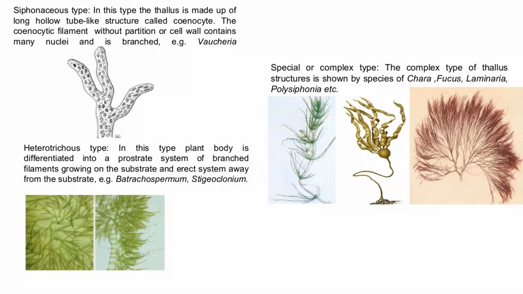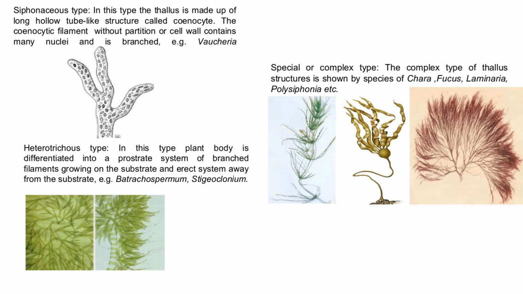Next, we have the siphonous type. In this type, the thallus is made up of a long, hollow, tube-like structure called a coenocyte, because it has many nuclei without any walls. So they are known as coenocytic, a coenocytic filament without partitions or cell walls, containing many nuclei and branched. The example is Vaucheria.